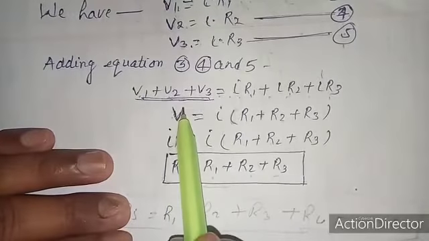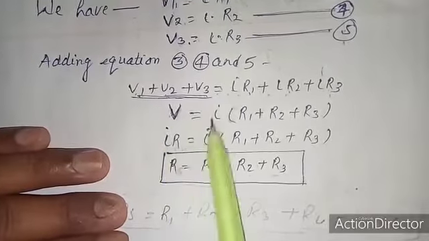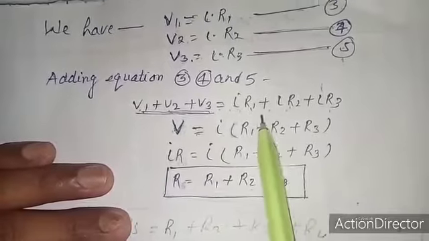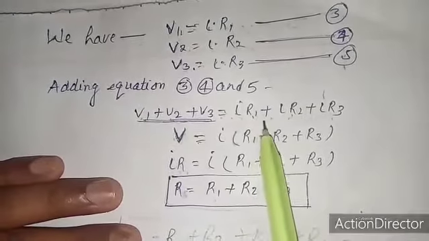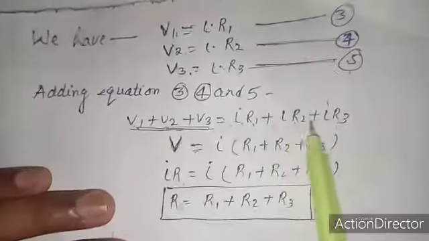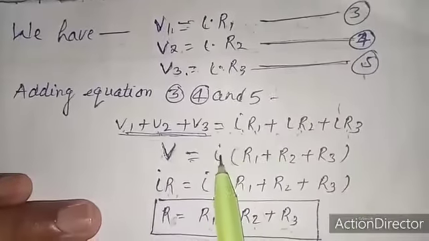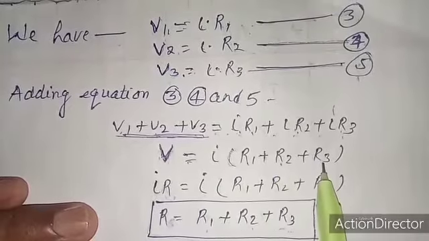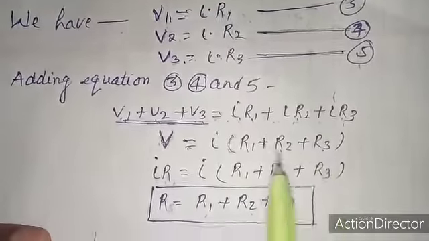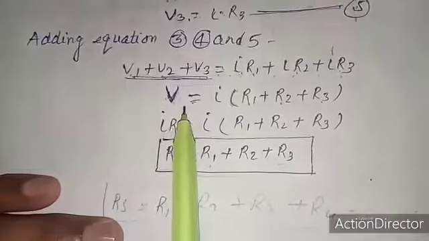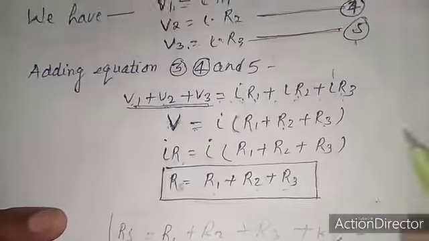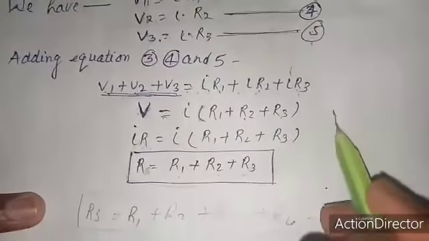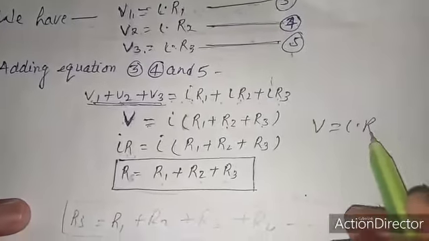Suppose that capital V is equal to, here I is common in all, so I comes out in bracket: R1 plus R2 plus R3. According to Ohm's law, V is equal to I into R.